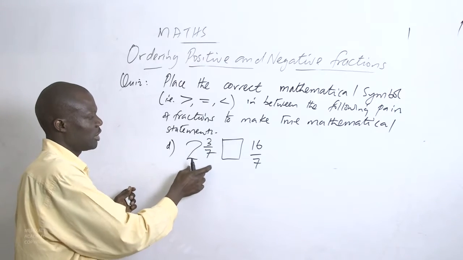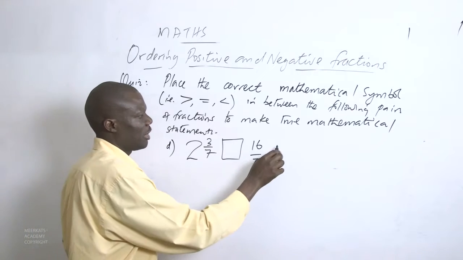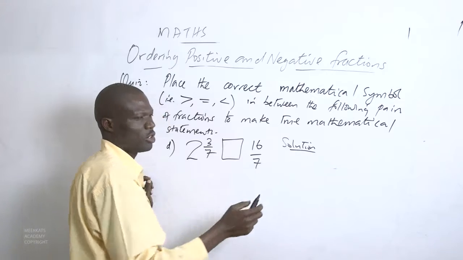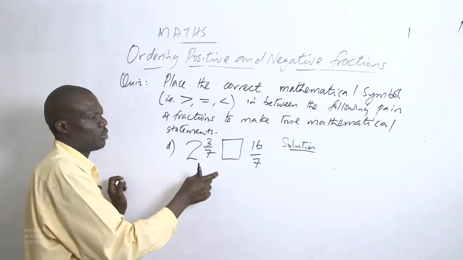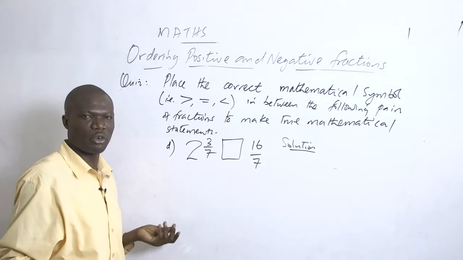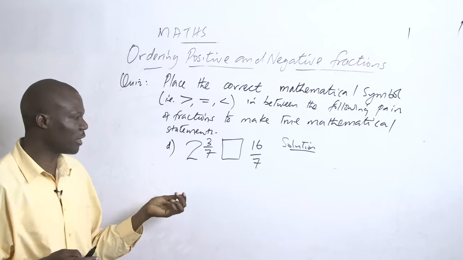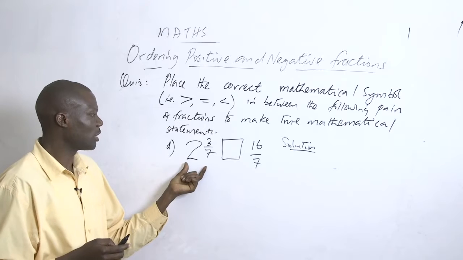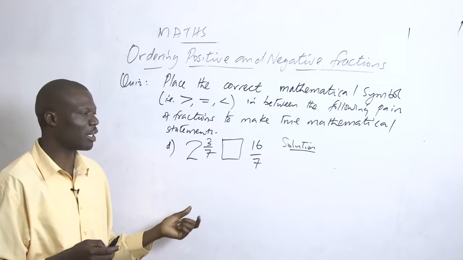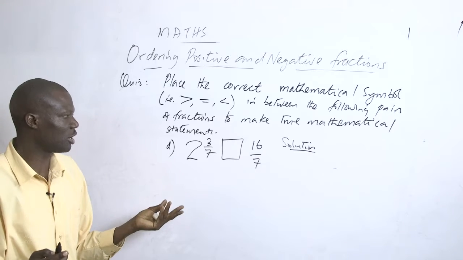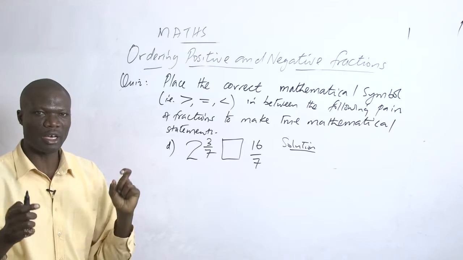In our solution, we cannot straightforwardly compare. We need to change everything to look the same. So we shall convert 2 and 3 over 7 to an improper fraction, and then we can compare the two.